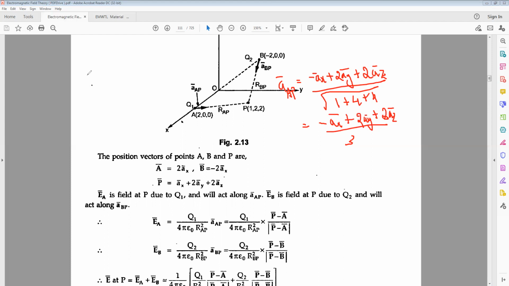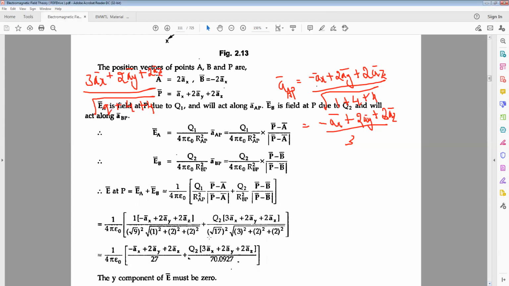So 1 minus of minus 2 is 3, so 3 AX bar plus 2 minus 0, the 2 AY bar plus 2 AZ bar, whole divided by the square root of 9 plus 4 plus 4, which is 17.